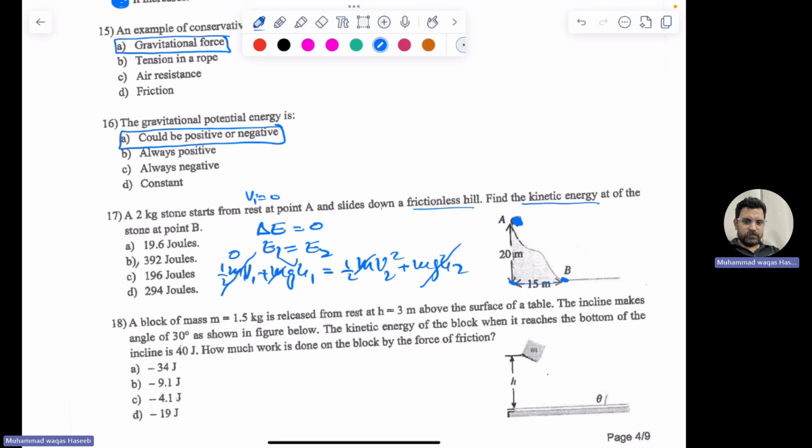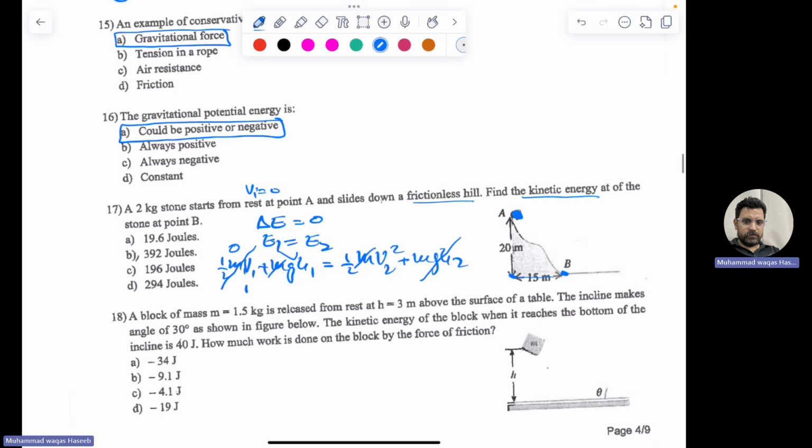Or if we don't want to cancel out the m, its kinetic energy, 1/2 mv squared, is equal to mgh1. So this is the kinetic energy we get, and we substitute the value of mgh1, h is this, so you will get 19.6 joules.